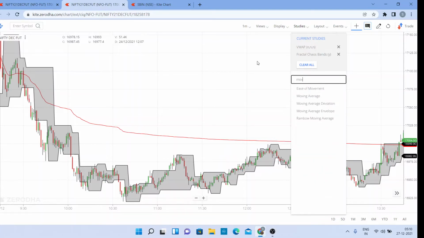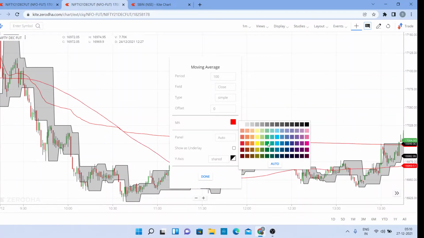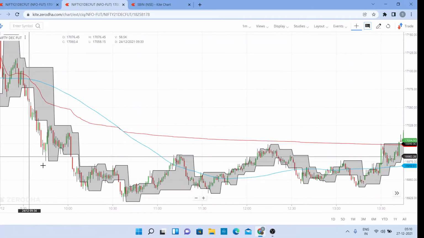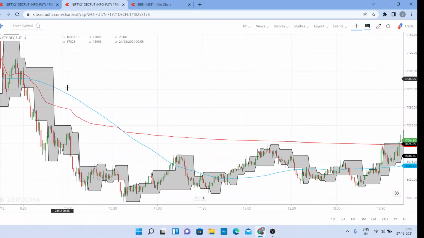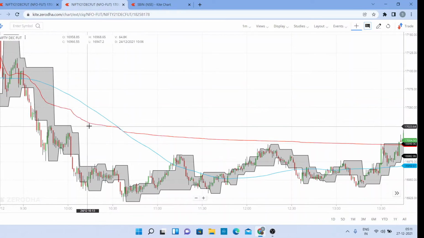I'll explain the concept, why we need this indicator. I'll let this be in blue color. So now this is what you end up with: the fractal chaos bands, the EMA of 100, and the VWAP in red color, and the chart is of 1 minute.